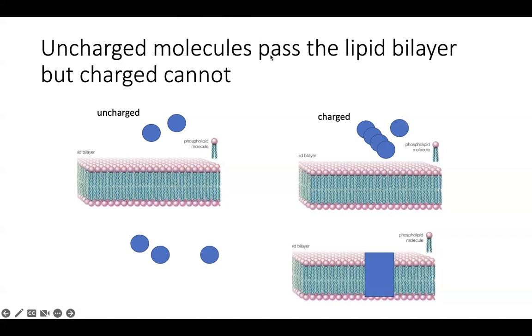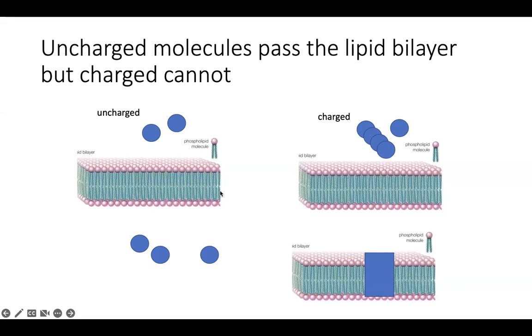Okay. But charged particles can't go to the other side. That's because charged particles are already captured by water molecules. They are covered with water molecules, which are also charged. And please look at my hand. So this molecule, in order to pass through the membrane, has to be released from the water, because water will never want to enter the lipid. So because they capture the molecule, it cannot go to the other side.